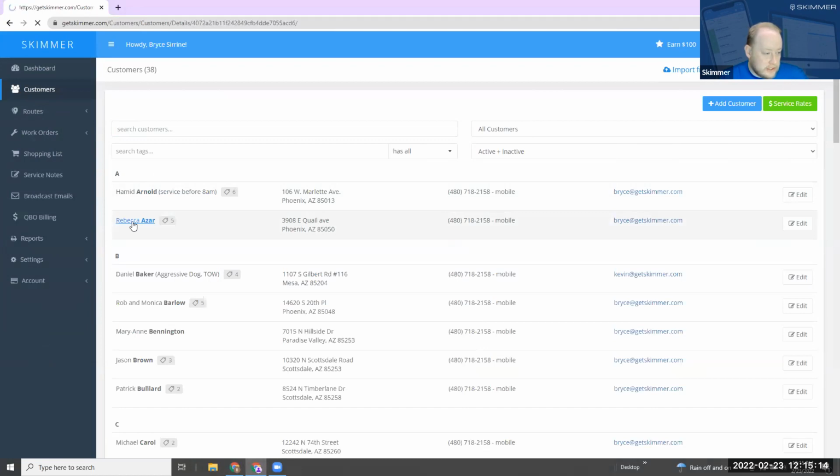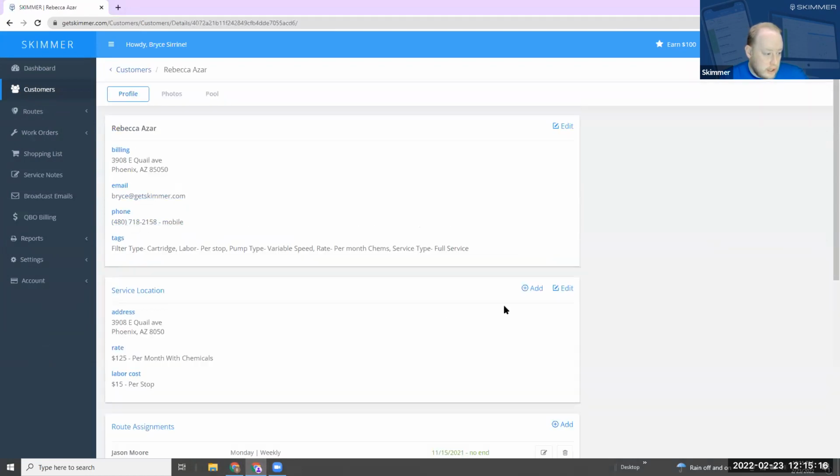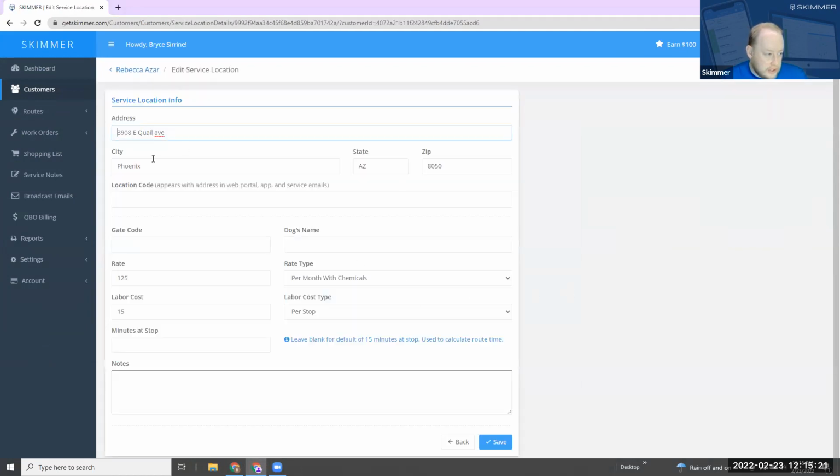So we'll go into this customer and we can hit edit on their service location. So we can say that this person, I happen to know, is 10 miles outside of the next closest person. I can figure out what our gas cost is. And basically I can just say, okay, we need to add $3 a visit to this stop to make up for the gas prices, the additional time that's spent driving.